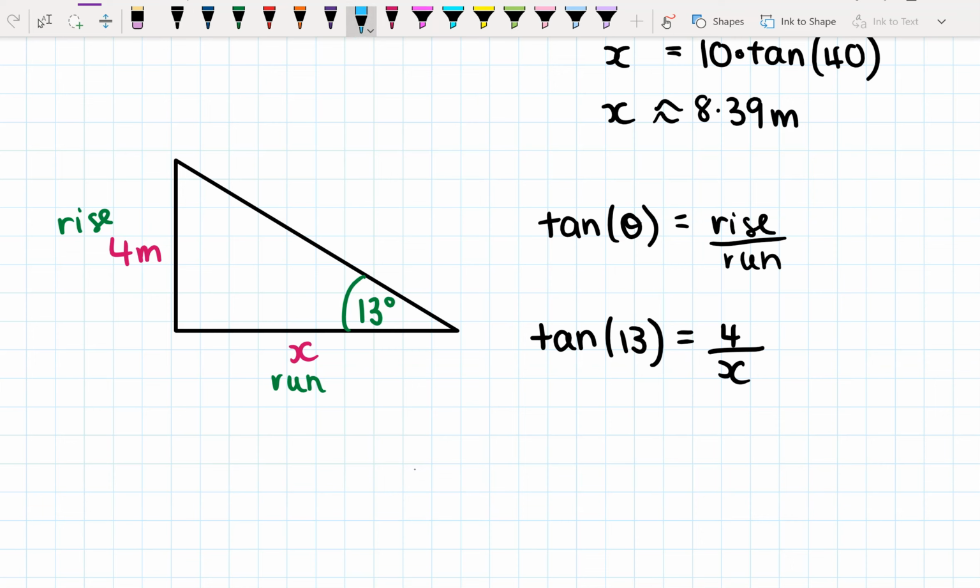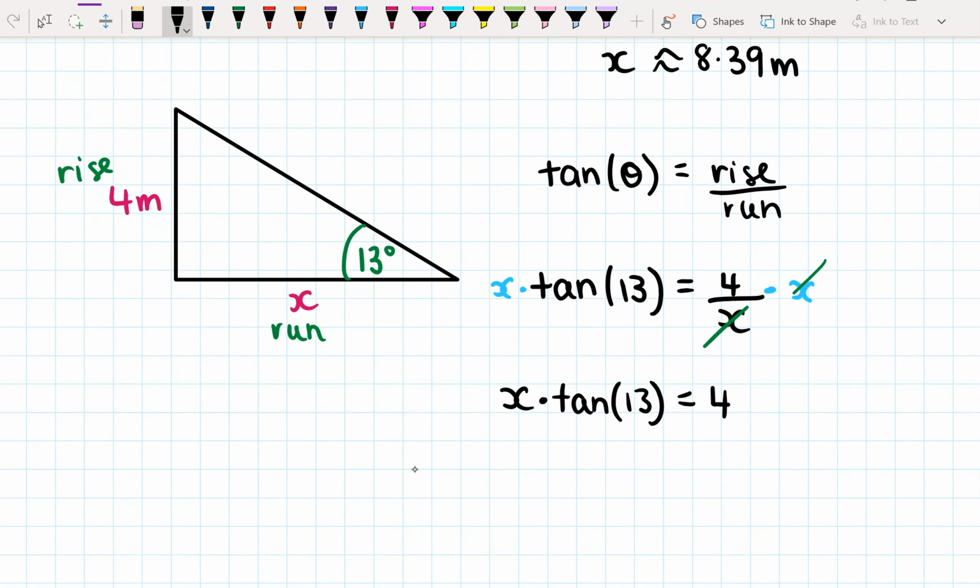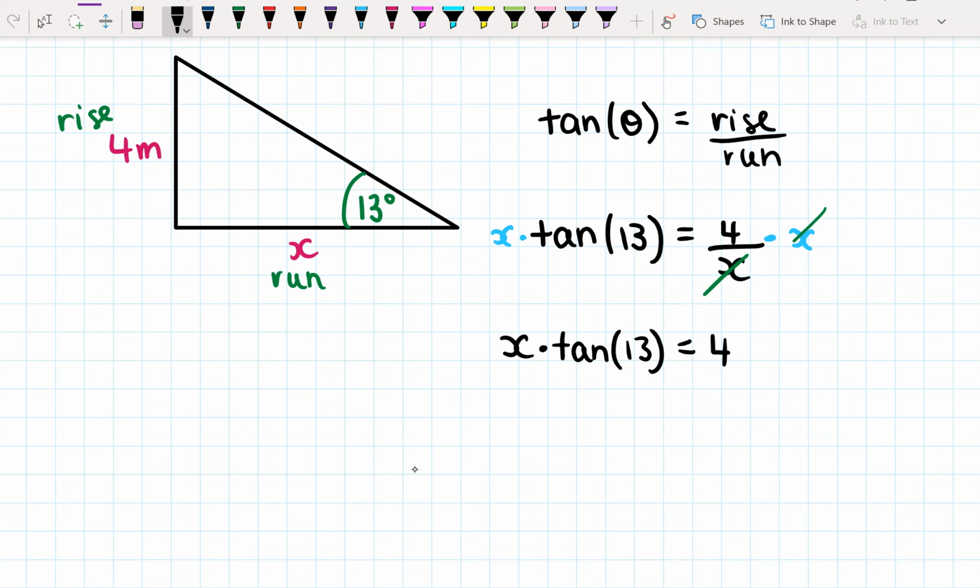Okay, again, to get rid of the denominator, which is really annoying down here, it's making a mess of my equation, I'm going to multiply both sides by the denominator, so both sides times x. These x's are now cancelling out on the right, so we have x times the tan of 13 is equal to 4. Okay, we want x by itself.